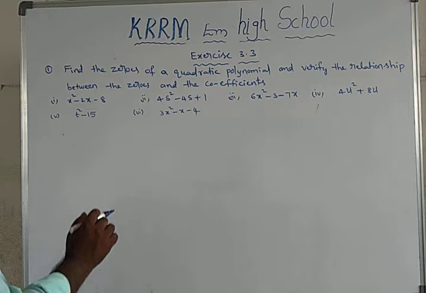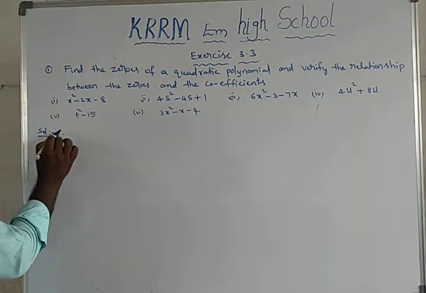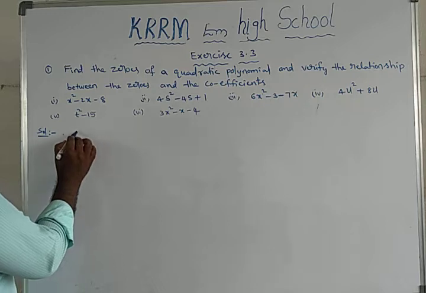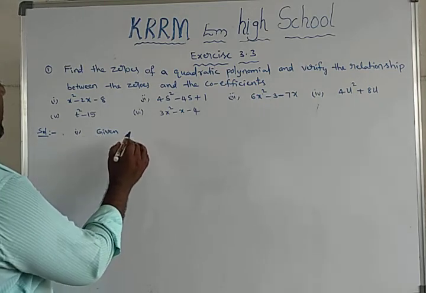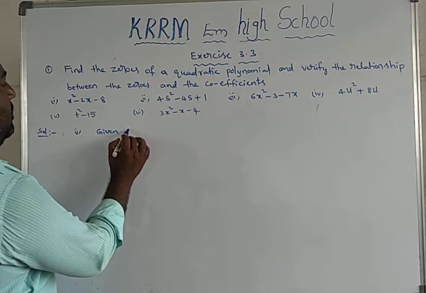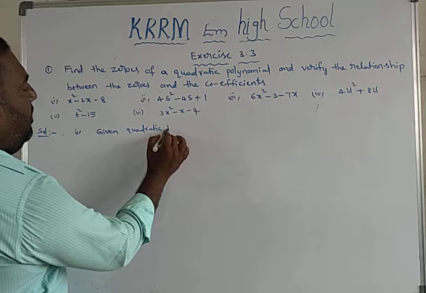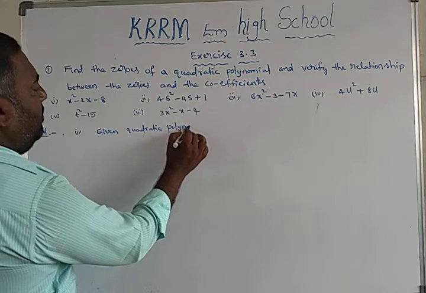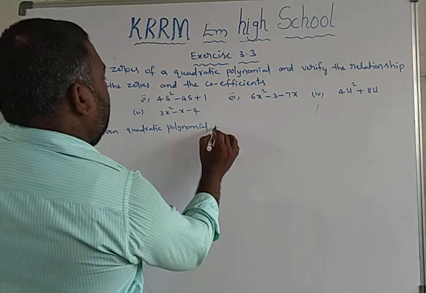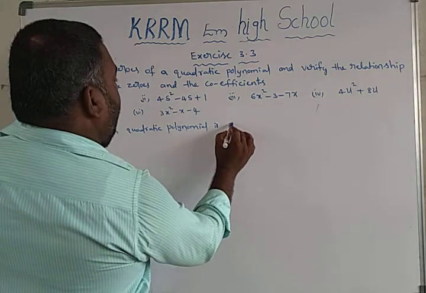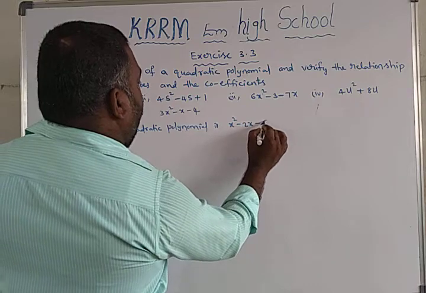So first one, solution. First problem: the given quadratic polynomial is x square minus 2x minus 8.